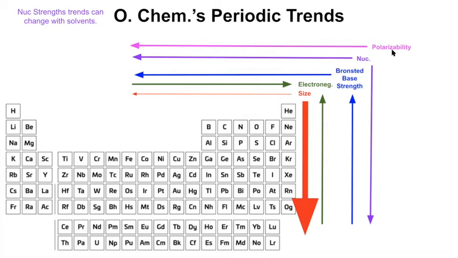Will polarizability increase down the periodic table or up the periodic table? It will increase down the periodic table. So it's opposite of electronegativity again. Yeah, because the less electronegative you are, the more loosely held your electrons are, the more easily they can reach out and react.